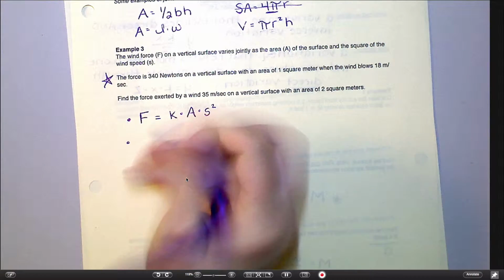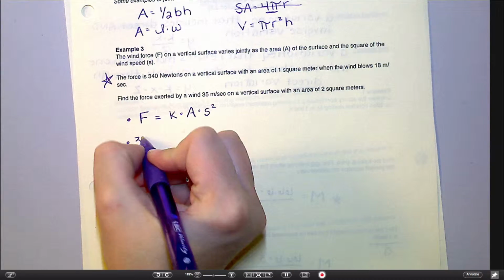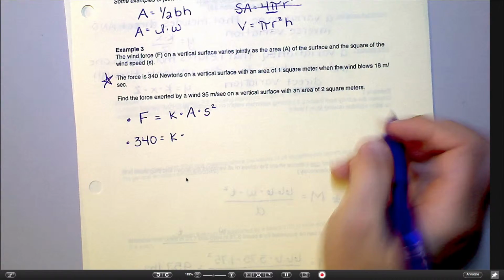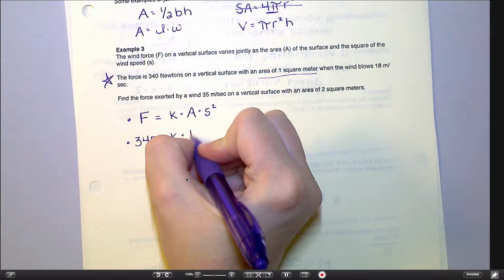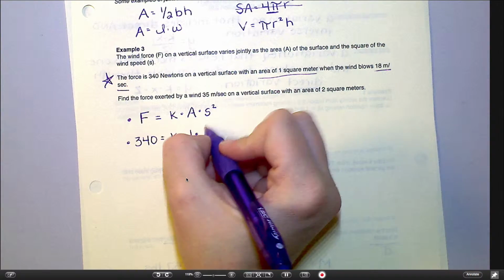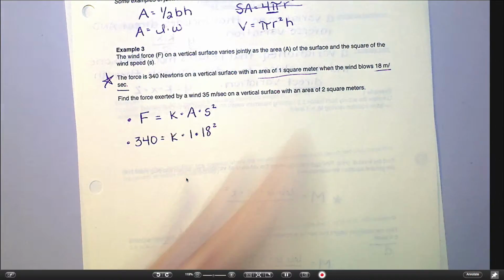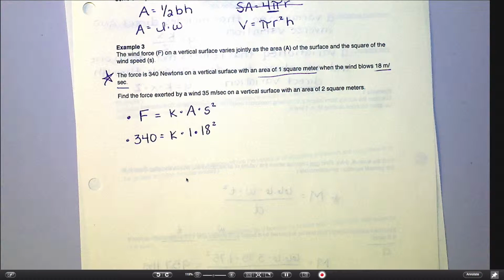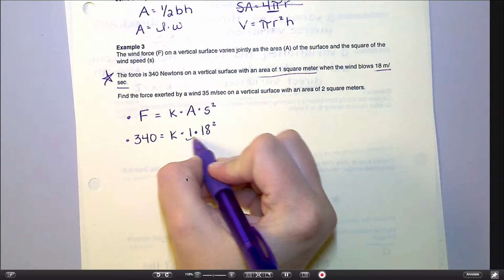So now I'm going to say my force is 340. I don't know k. My area is 1 square meter. That makes my life a little easy. And then the wind blows 18 meters per second, so that'd be 18 squared. Everyone following what I did there? Yeah? Okay. I'm going to put these all together.